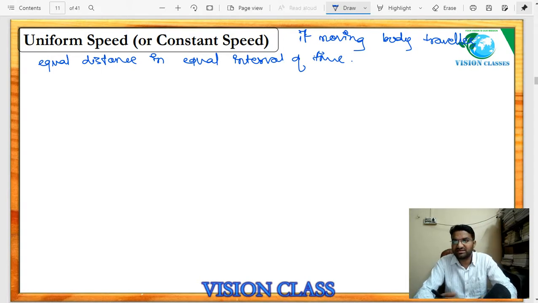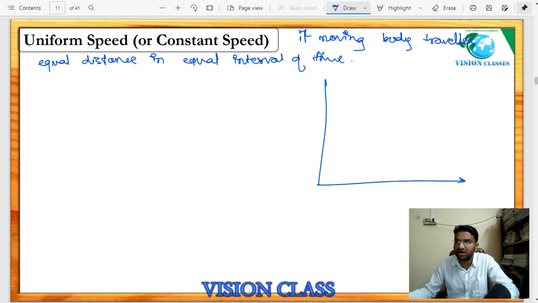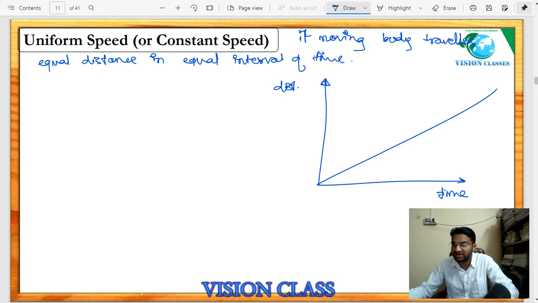This means the distance covered over time is constant. That's why it's a straight line graph, and we can say that it's uniform speed.